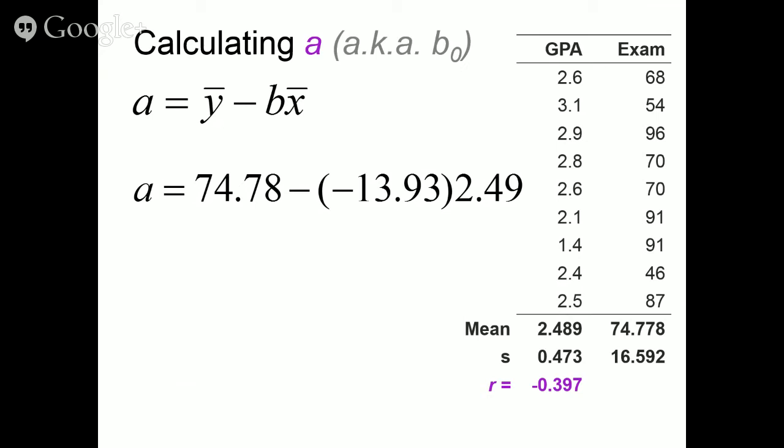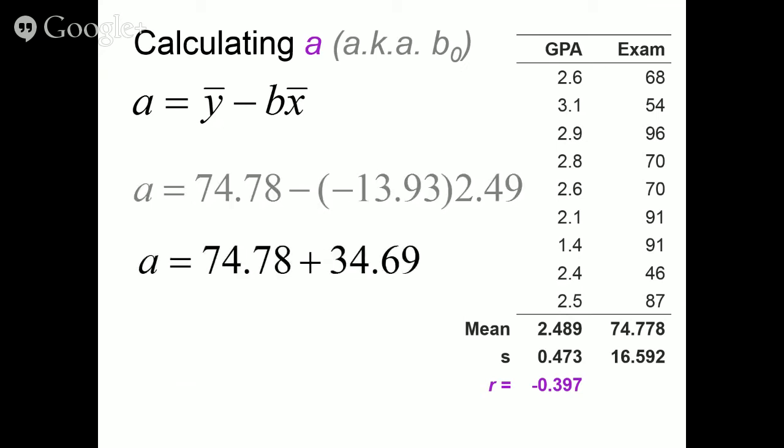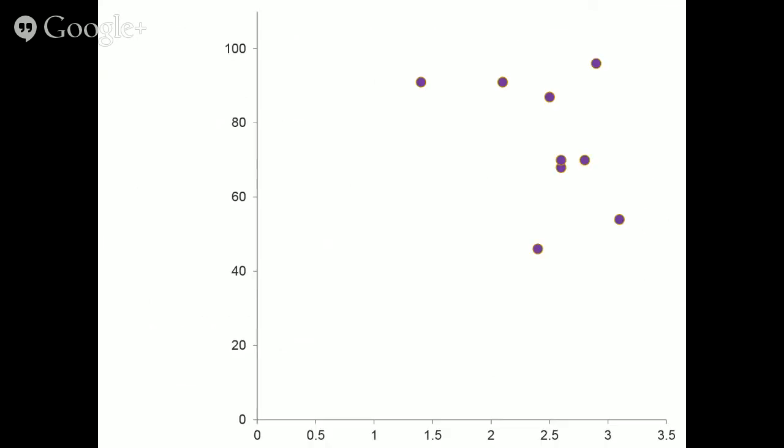Remember, exam scores are the y variable here, minus, and remember the correlation coefficient is negative, so it's minus a negative number times the mean of GPA, which I rounded for some reason. I probably wouldn't do that, except that it had a hard time fitting on my screen. In the middle of your equations, you want to round as little as possible and only round at the very end. So working that through, you get 109.47, which is a little weird, honestly.